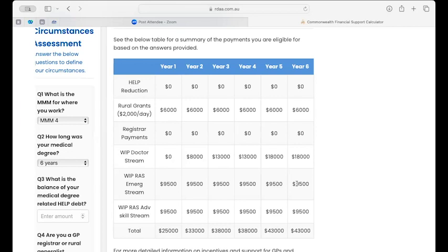These are accurate for a point in time, remembering the rural advanced skill payment is funded for 2 years, and after that, it will be reviewed. So we will update this if these amounts are to change going forward. But for now, we're hopeful that it'll be very successful and be maintained. So we live in hope.